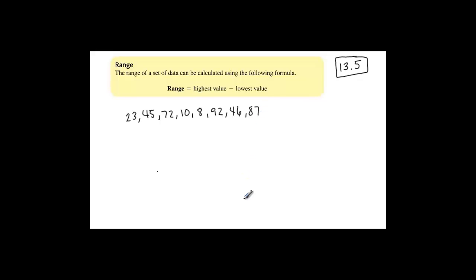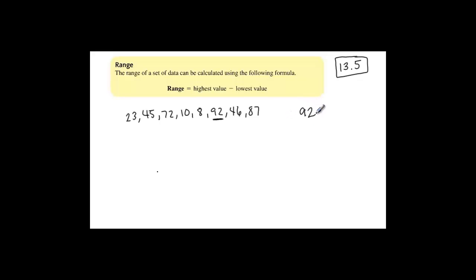So from this set of data, if I asked you to find the range, you would first look for the highest value. And because we're looking for a highest and lowest, you wouldn't need to put this in ascending or descending order. So highest value, let's see, it looks like that would be 92.